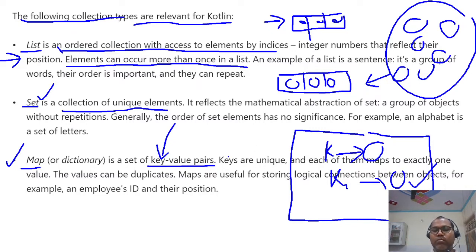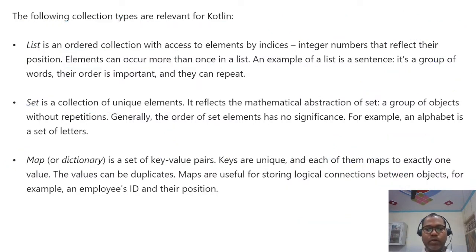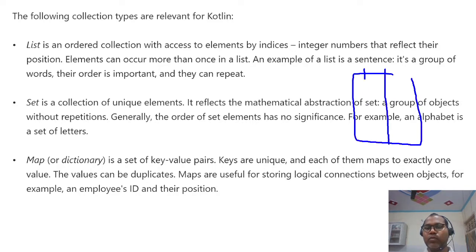Okay. Whenever we are talking about the map, if you look at a diagram like this, the map has two kinds of attributes: one is the key, another is the value. Now we are storing key 1 value 1, key 2 value 2, key 3 value 3.